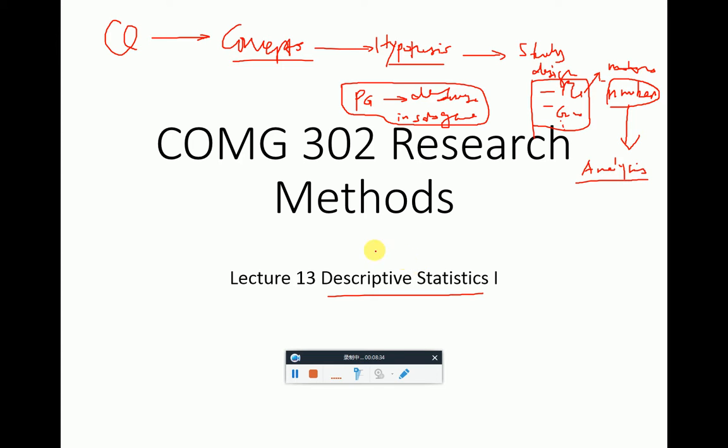So that's why I designed this class to include a significant portion on statistics. In the following few lectures, I don't know how many yet, perhaps 5 or 4, depending on the progress, we're going to talk about what is known as descriptive statistics. Descriptive statistics are just for descriptive purposes.